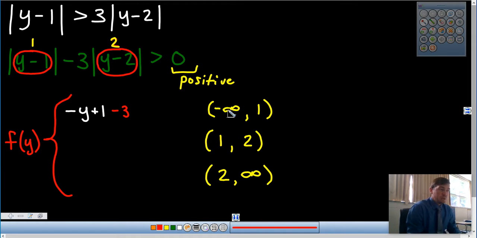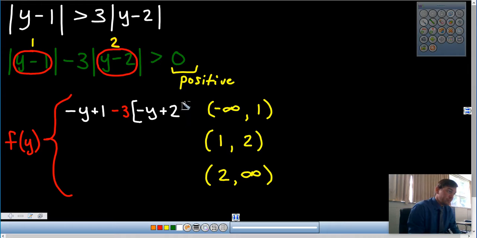If I use a number less than 1, I will get a value that is negative. And so I'm going to use the negative version of y minus 2. I'm going to put parentheses or brackets here, but I'm going to negate this. So now it says negative y and positive 2. So for this interval, from negative infinity to 1, this is how this behaves.